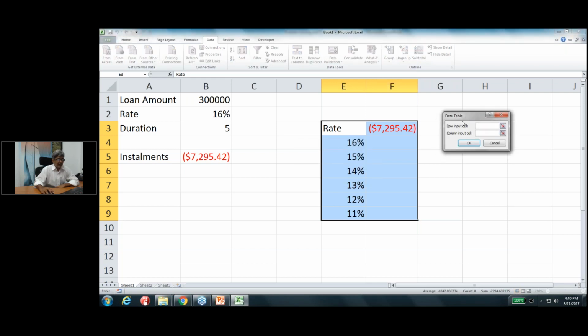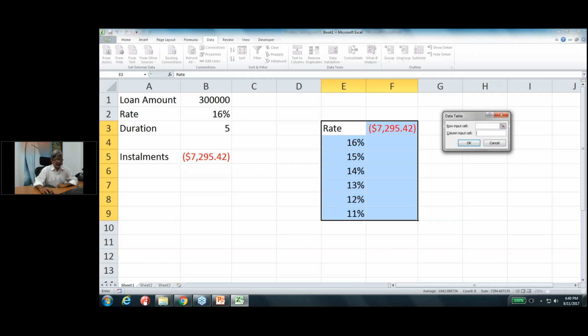and the data table dialog box will pop up. Now we are developing the column data table. So it's asking for the row input cell, meaning a row-wise table, or the column input cell. So we have the column input cell. This represents the rate.